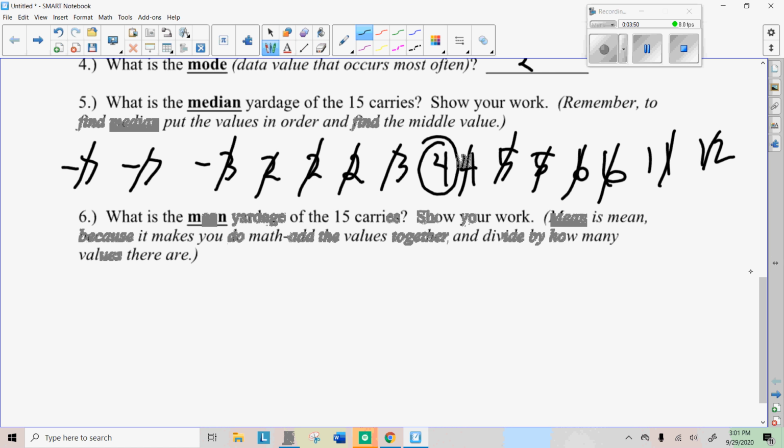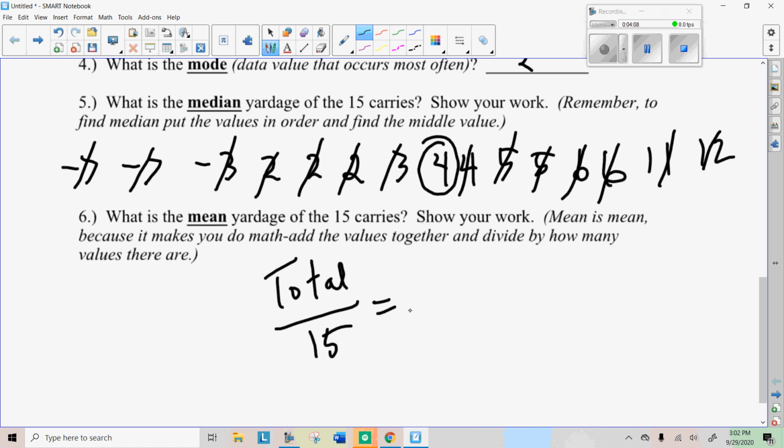Okay, and it's 4. Now, mean is actually an arithmetic way of figuring out the average. To find the mean, you do the total and you divide that by how many carries there are, which is 15. Okay?